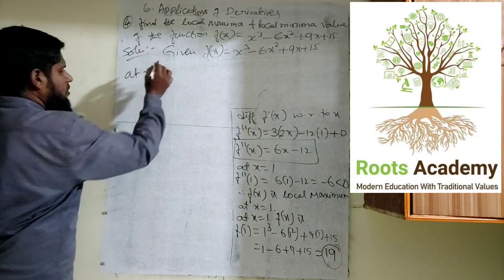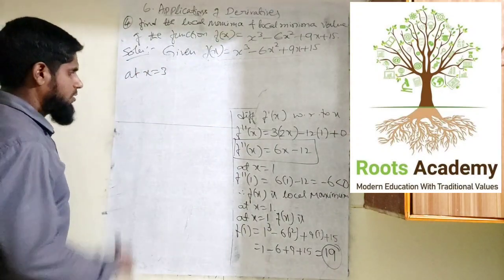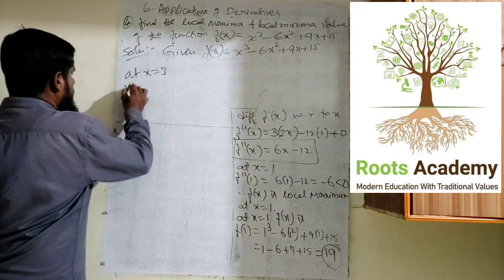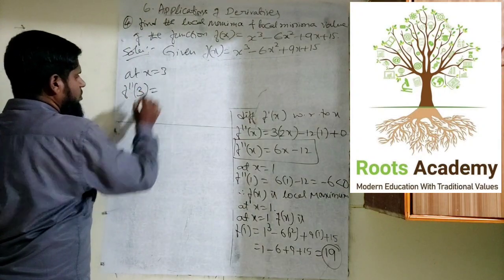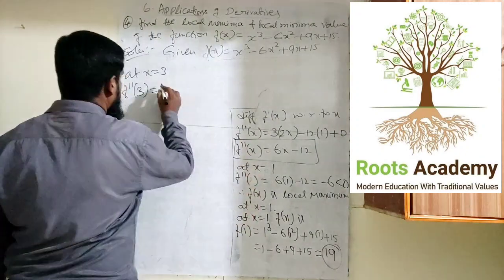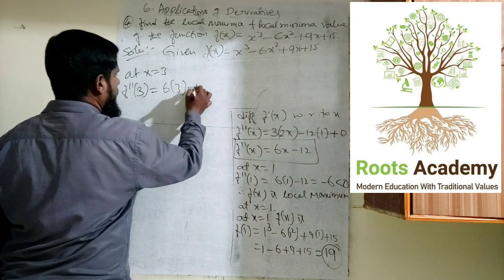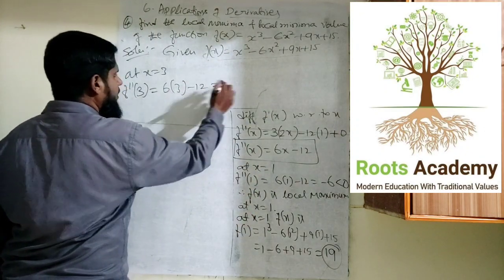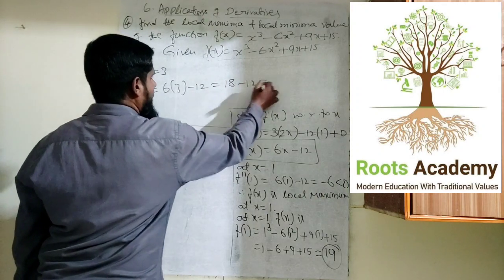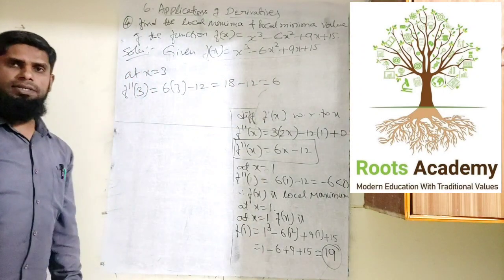At x equal to 3, f''(3) is equal to 6 into 3 minus 12, 18 minus 12 is plus 6.